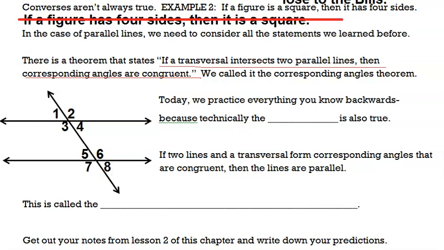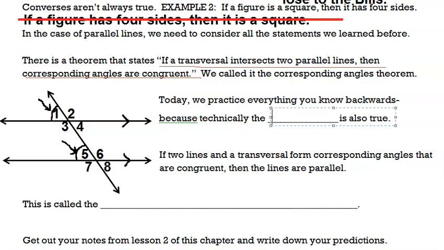And we learned that if the lines here and here are parallel lines, then the corresponding angles are congruent. So angle 1 would be congruent to angle 5. We can actually look at this the other way around.